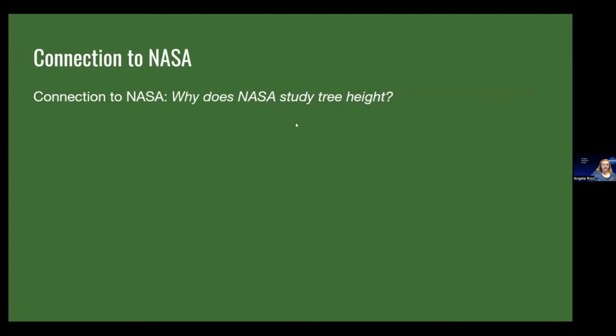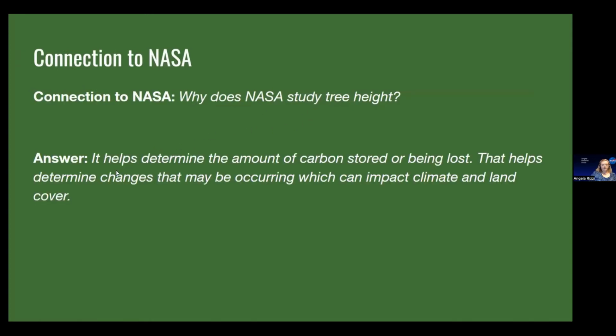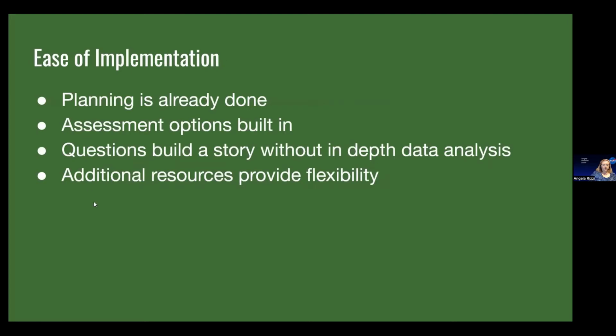And then the connection to NASA: why do they study tree height? It's a different answer in this pacing guide. It helps determine the amount of carbon being stored or being lost, and helps determine changes that might be occurring that might impact climate or land cover. And so that is the 2 pacing guides.